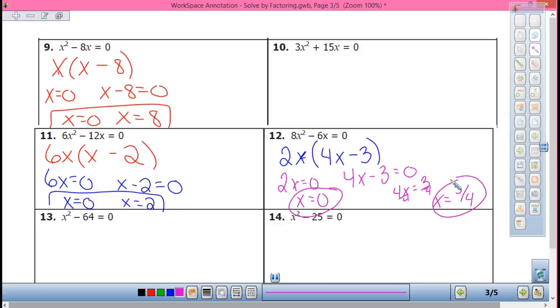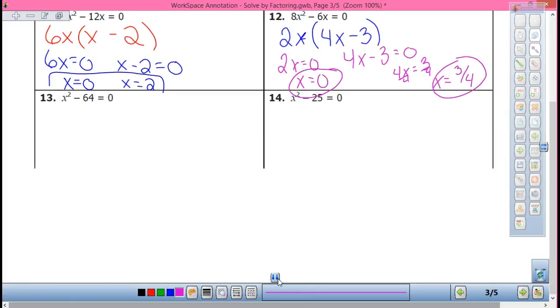Yes, no? All right, let's take a look at 13. When there's no middle term, I can still factor it, right? As long as I have perfect squares, right? Do I have perfect squares?